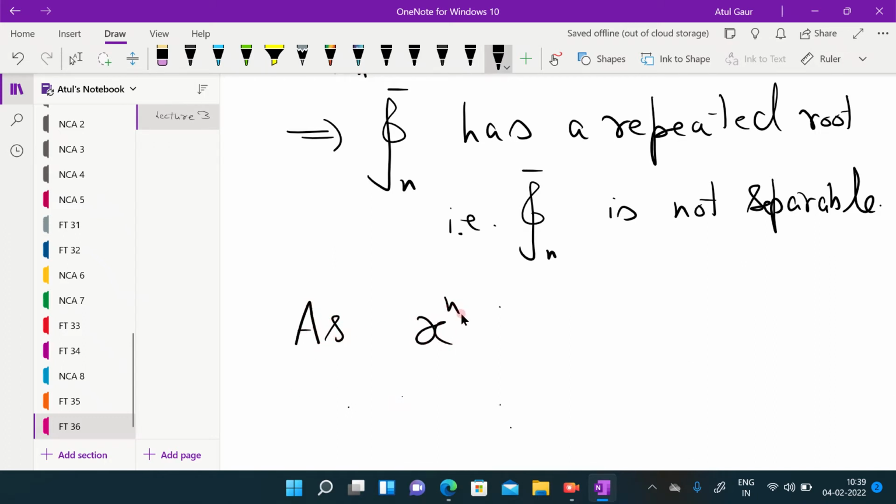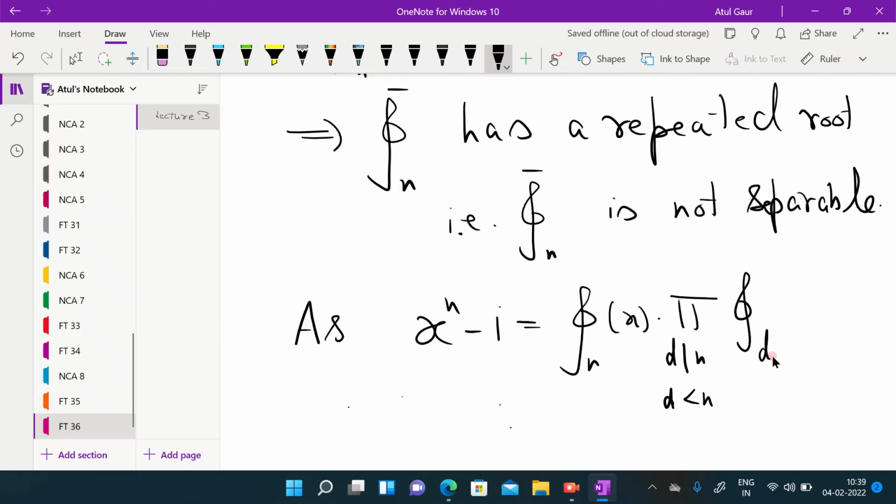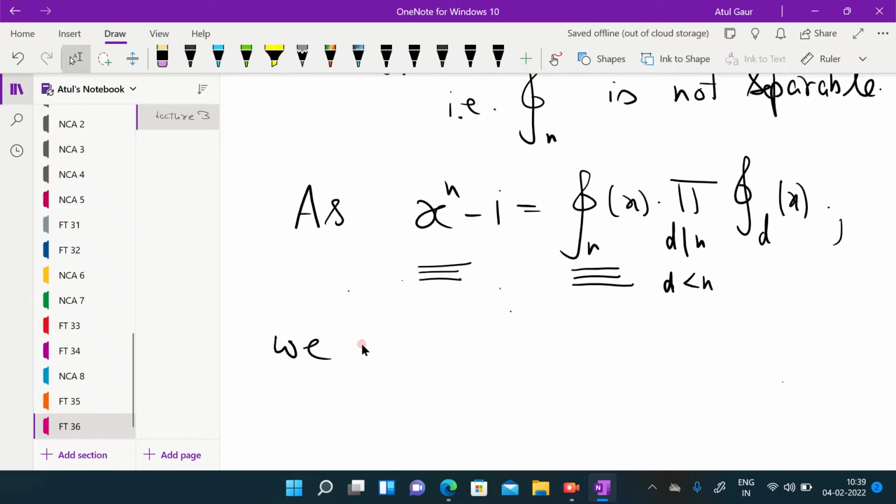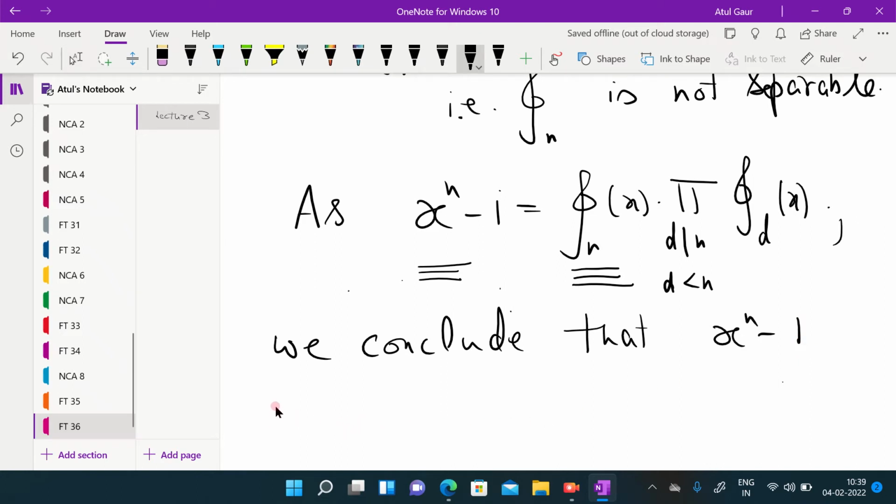So x^n minus 1 is phi n x into the product over d dividing n, d strictly less than n, of phi d x, right? So if this is not separable then this is also not separable. So we conclude that x^n minus 1 is not separable over Z_p.